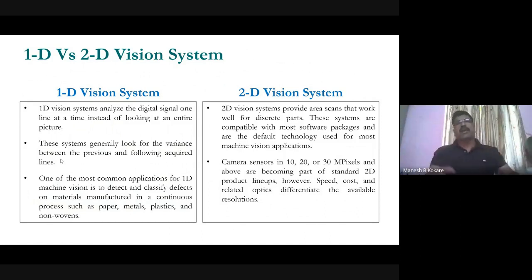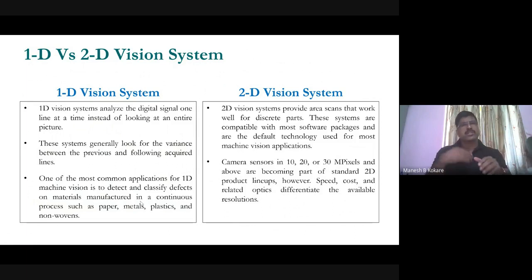In a two-dimensional vision system, we can use cameras of different resolutions, like 10, 20, or 30 megapixels and above, and these are becoming part of standard 2D product lineups. Speed, cost, and related topics differentiate the available resolutions.